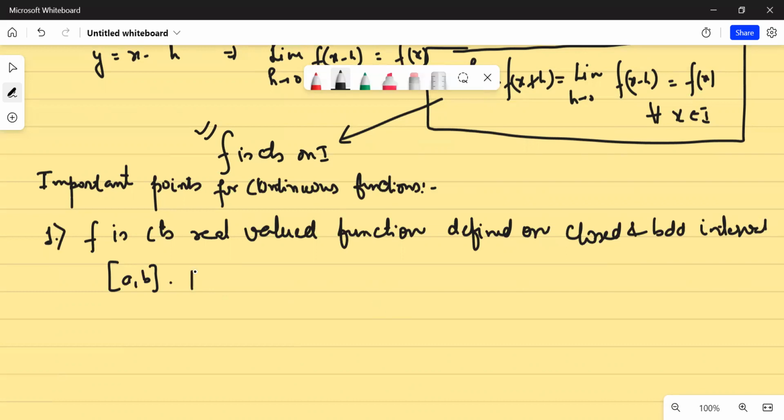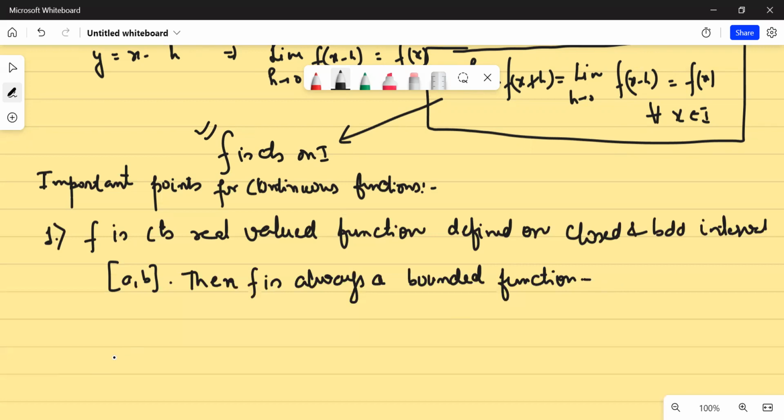If it is the case, then f is always a bounded function. Always remember that. It means that if the domain is a closed and bounded interval, then f is also bounded, meaning f will attain maxima and minima.